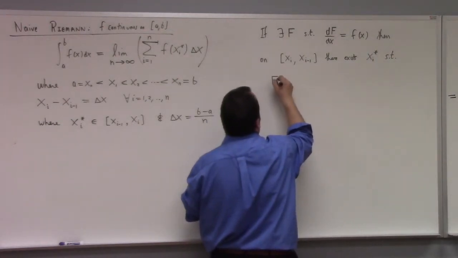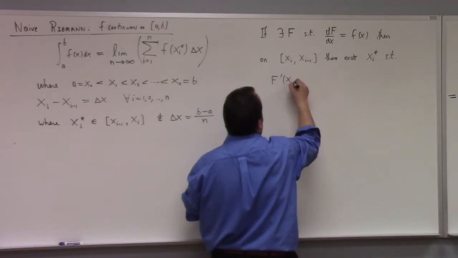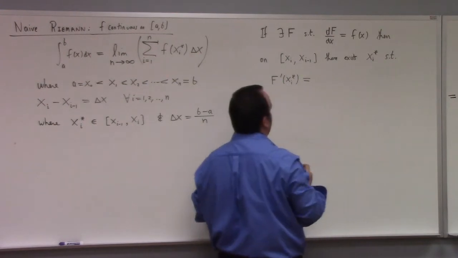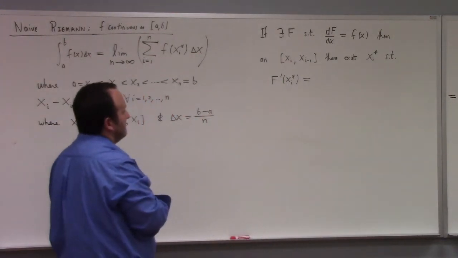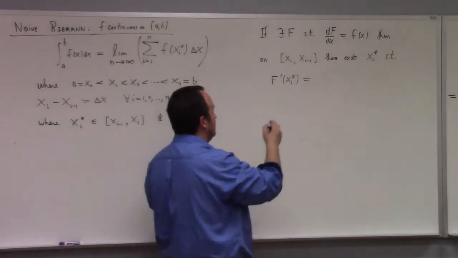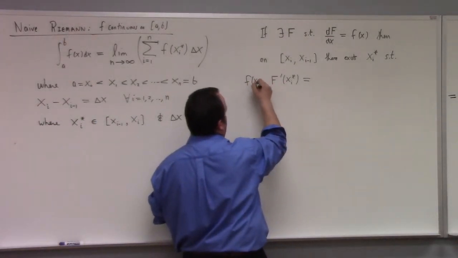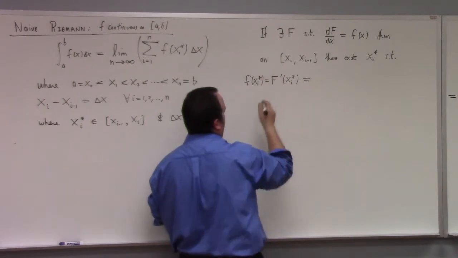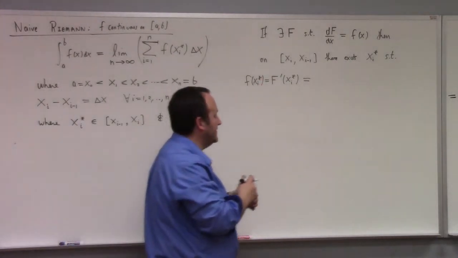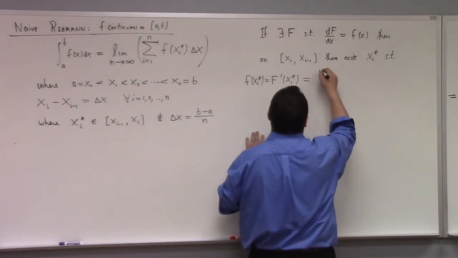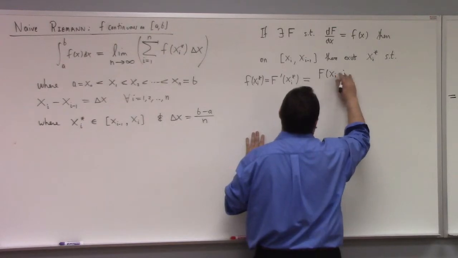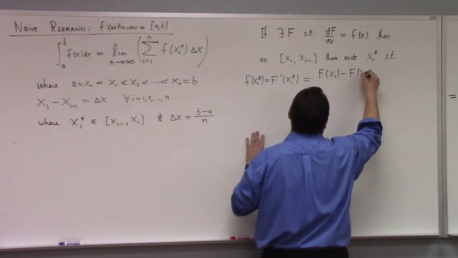Big F prime of x sub i star equals what? Well, by construction, f of x sub i star. But by the mean value theorem, we can choose this x sub i star such that it's equal to big F of x sub i minus big F of x sub i minus 1.